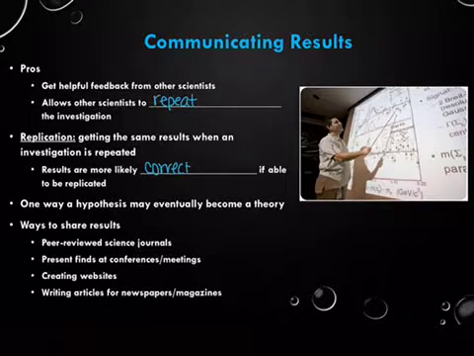They can present their findings at conferences and meetings. They can create websites to show off what they've done. And they could write articles for newspapers or magazines. Basically, you just got to get your word out there.